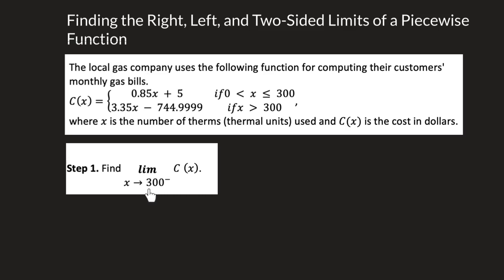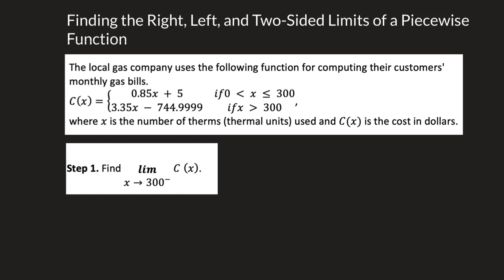So if we're approaching 300 from the left, that means we're approaching 300 through values less than 300. So less than 300 would be the domain of 0 less than x less than or equal to 300. So we want to select the first equation since approaching from the left satisfies the domain.